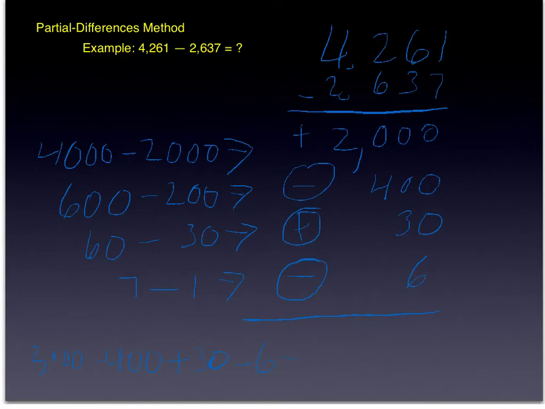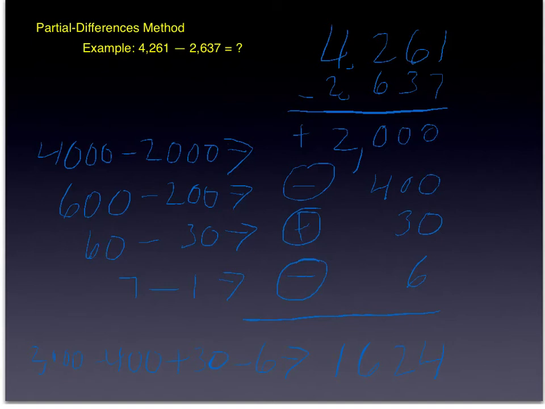What do I get? Okay, so 2,000 minus 400 is 1,600. I add 30, I get 1,630. I subtract 6, I get 1,624. And that gives you your partial differences.